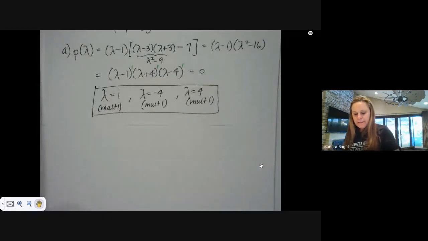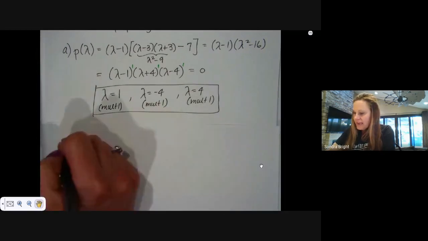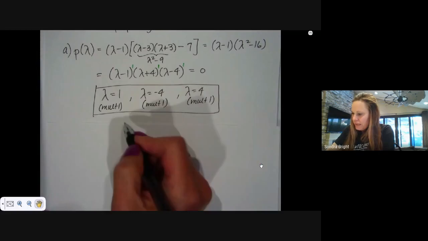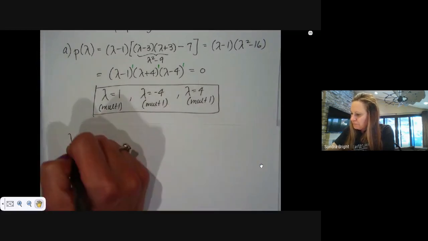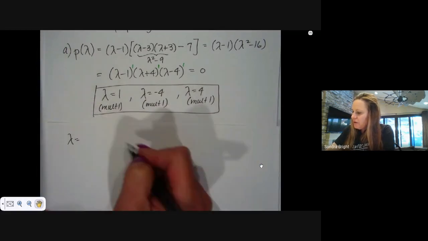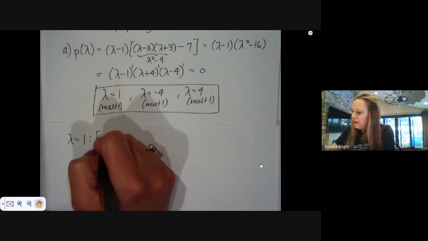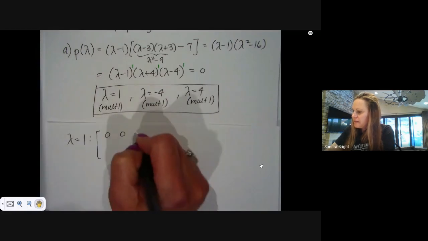All right, so what are we doing next? We have those. We need the eigenvectors. So when lambda equals 1, you would have a 0, 0, 0, 0, negative 2, negative 7, negative 1, and 4.